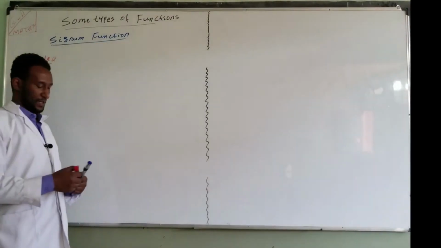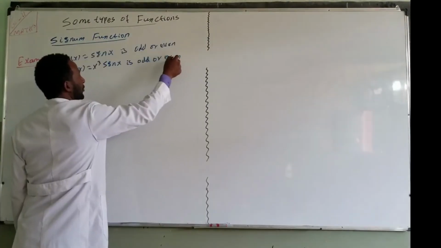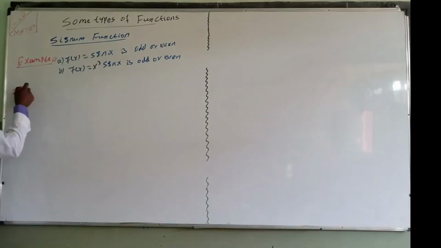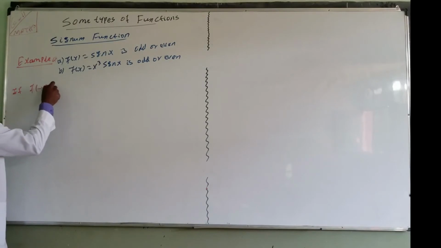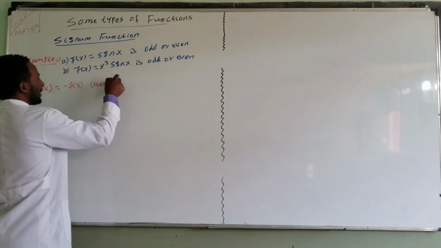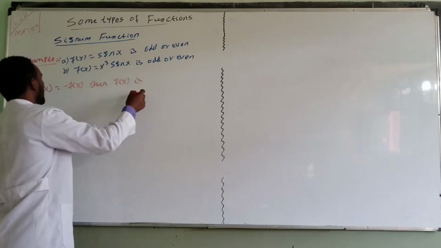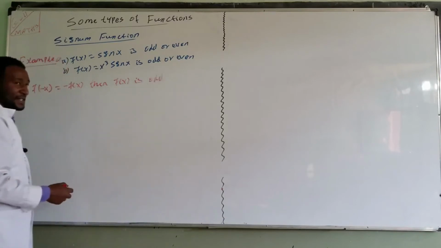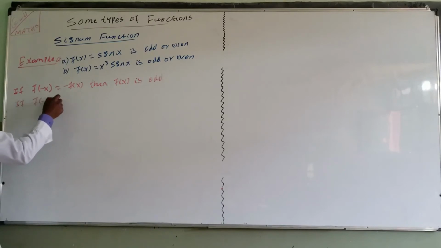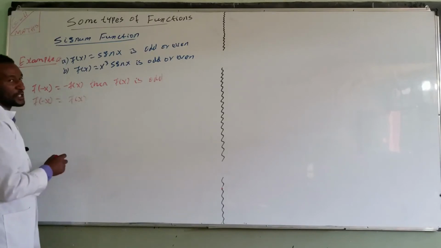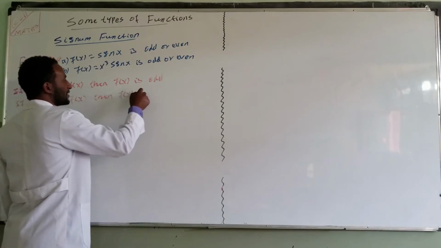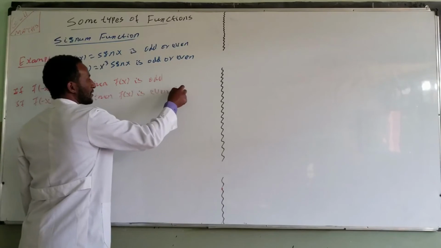Let us see example 4, odd or even. When we find the oddness and evenness of a function, if f of negative x is equal to negative f of x, then f of x is odd, and if f of negative x is equal to the given function f of x, then that function f of x is even.